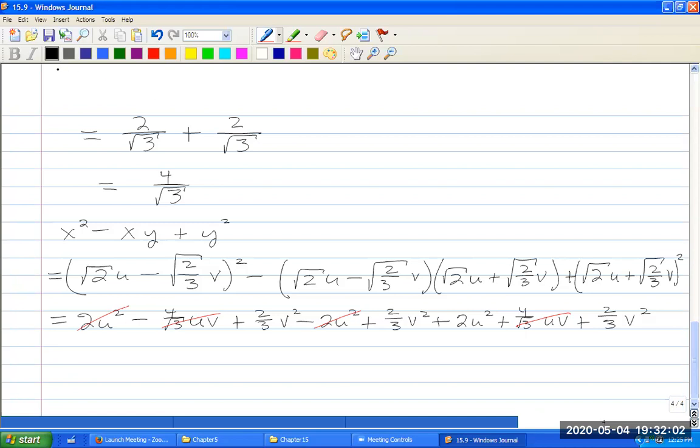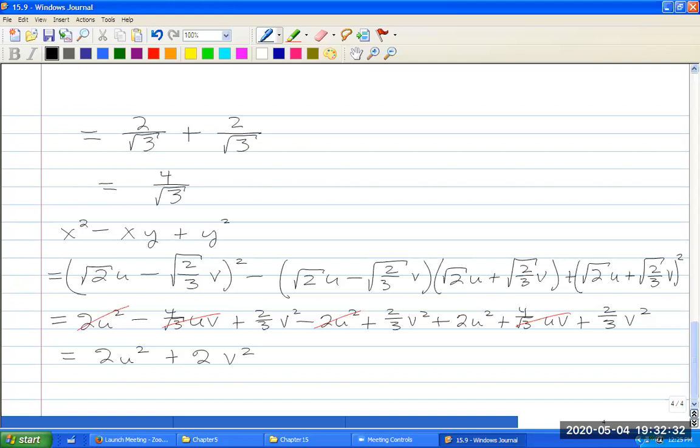And so I get 2u squared, and 2/3 plus 2/3 plus 2/3 is 6/3 v squared. So it comes out nice. It just becomes 2u squared plus 2v squared. Okay.